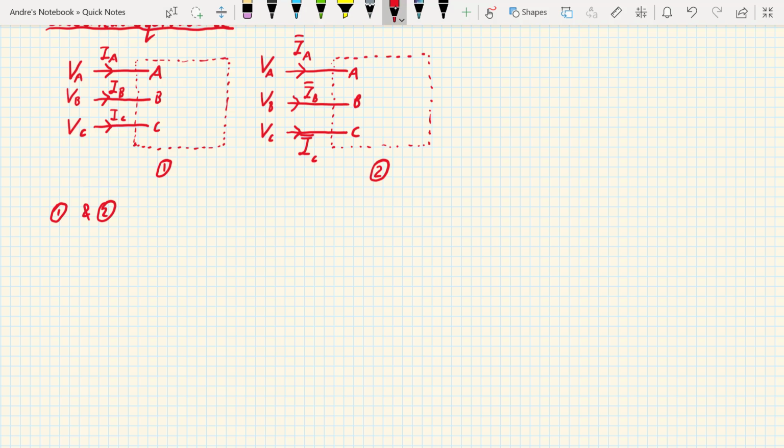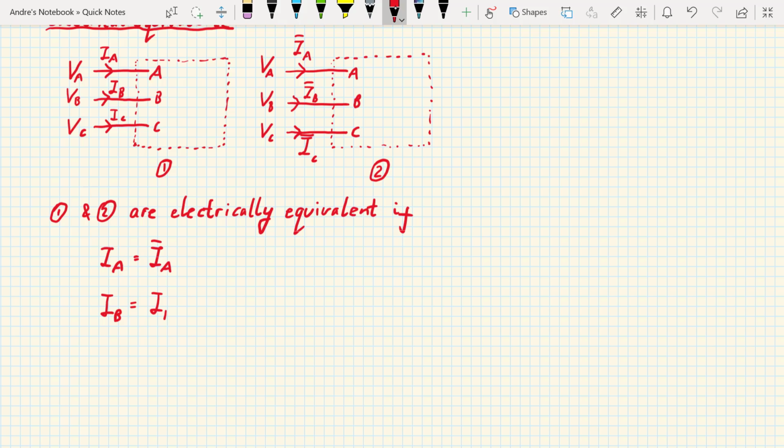Then networks 1 and 2 are said to be electrically equivalent if IA is equal to IA bar, and similarly for B and C, for any voltages VA, VB, VC. The significance of electrical equivalence is that you can swap the arrangement of resistors that were in network 1 for the arrangement of resistors that were in network 2, and the rest of the circuit will be completely unaffected.